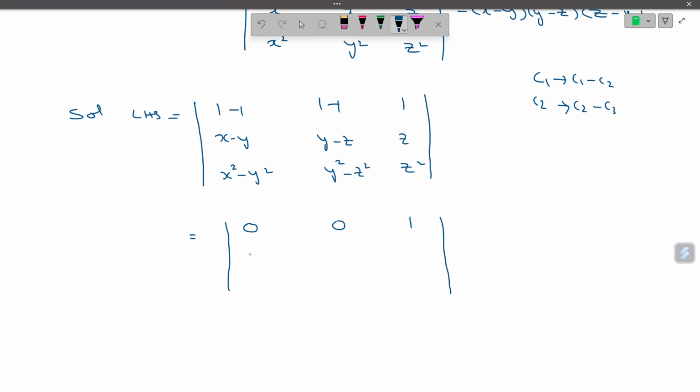Now x minus y. This, you remember, a square minus b square is a plus b into a minus b. So this is x plus y into x minus y. This will be y minus z, y plus z, z square.